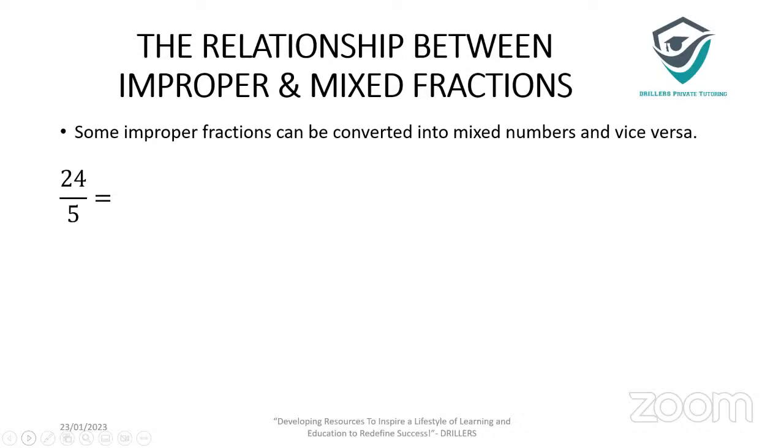We're going to look at how we convert that into a mixed number. We take our improper fraction, 24 over 5, and ask ourselves, how many times can 5 go into 24?